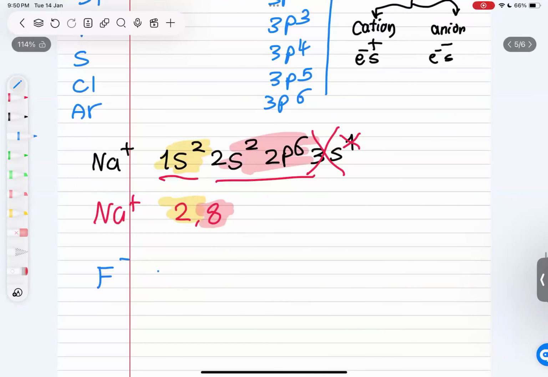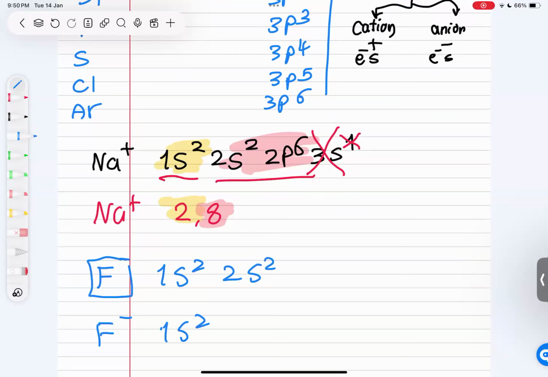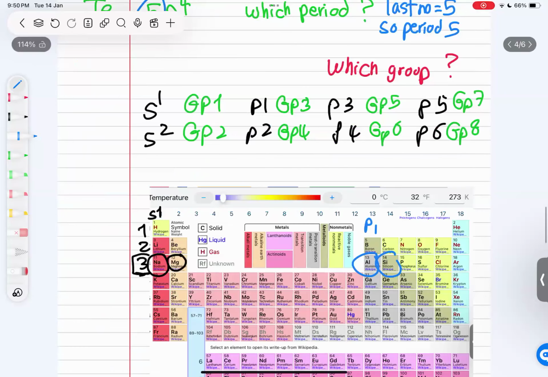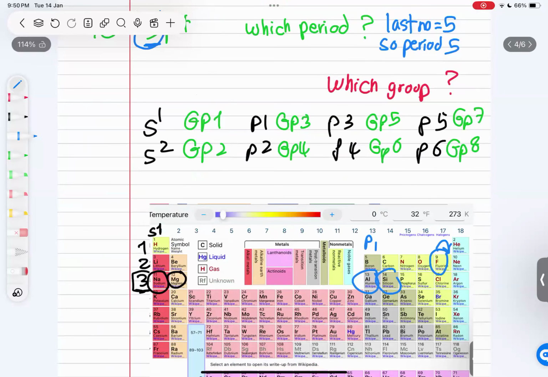Okay, what if I have chlorine, no, fluoride minus. We do fluoride first, then fluoride minus: 1s2 2s2 2p what? Look at the periodic table and help me. It is 9, so 2p5. Now I need to add electrons or remove electrons? Add an electron, so it becomes 2p6. What did we notice? When I added an electron, it became like neon, which we said is a noble gas.